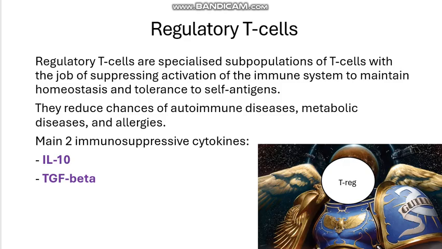They have the job of suppressing activation of the immune system as a means to maintain homeostasis, which is stable conditions within the body, and to maintain tolerance to self-antigens, so to prevent us from getting autoimmune diseases. They reduce the chance of autoimmune diseases as well as metabolic diseases and allergies. The main two immunosuppressive cytokines are interleukin-10 and TGF-beta, two of the main cytokines produced by the regulatory T cells.